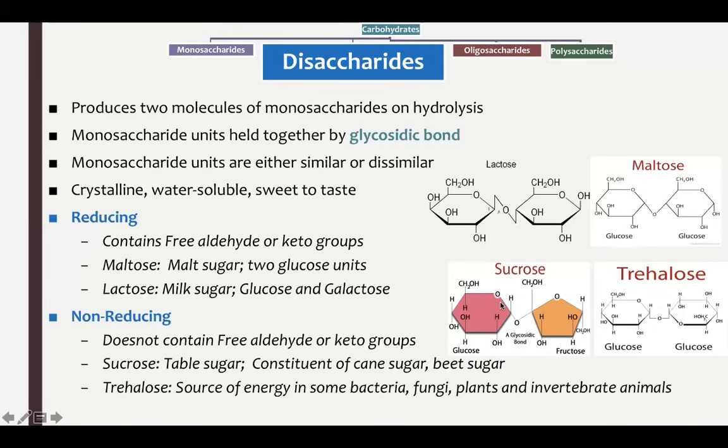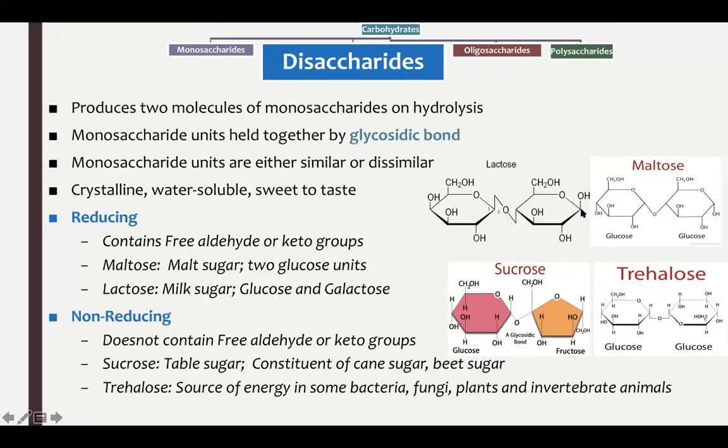Okay. And you can see this is a sucrose molecule. One is glucose and one is fructose. If you remember, in the classification we learned that disaccharides can be further classified into two classes, reducing sugar and non-reducing sugar. In reducing sugars, they contain a free aldehyde or keto group.